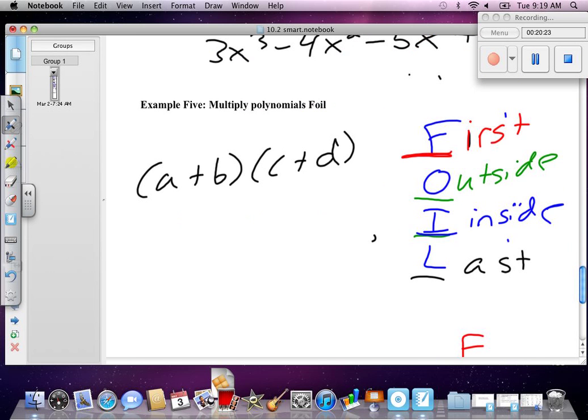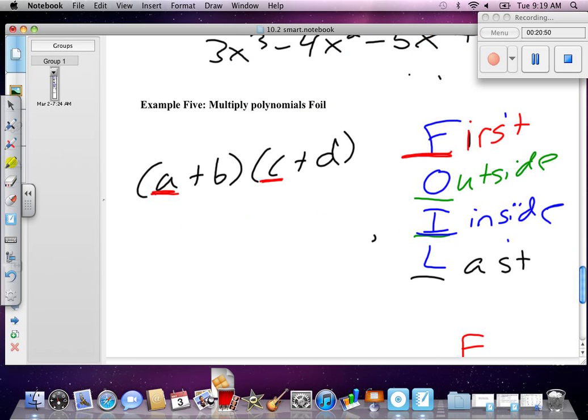Okay. Can somebody tell me what the first two letters they think would be? It would be A and C, because they're the first in each parentheses. If those are the first two letters, which two letters would be the outside letters?